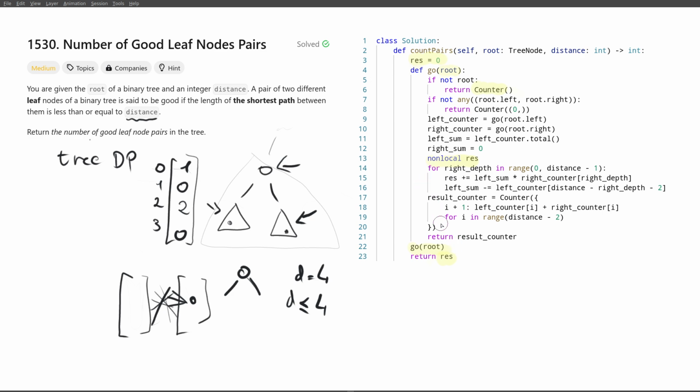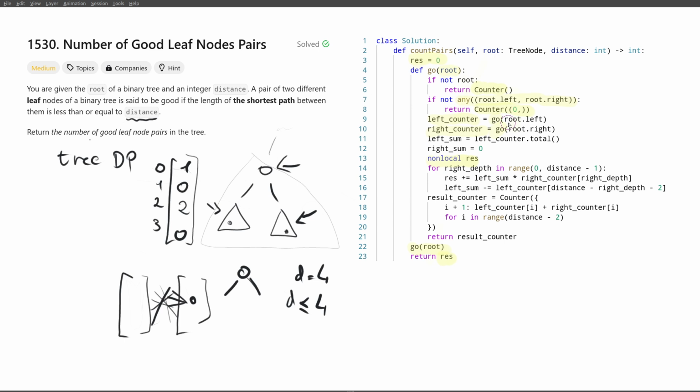So our recursive function that we will call on the root at the beginning will maintain those counters using the Counter class. So if we're at a leaf currently, we return that there is exactly 1 leaf at depth 0. Otherwise, we have some children, so we get counters for the left and right subtree. And here also, since we recurse, we'll be calculating the result that's contained exactly in one or the other of those subtrees.